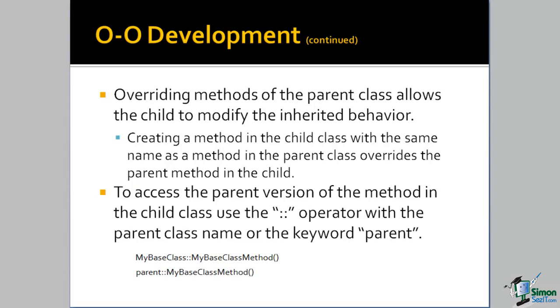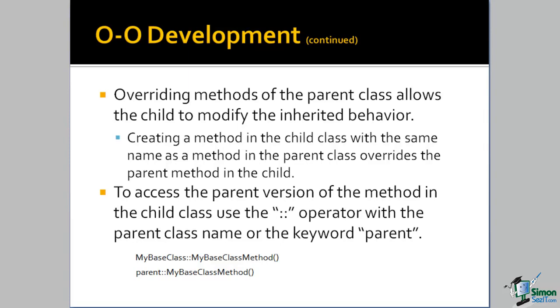Often we may want to change the behavior of the parent class. For example, the parent class may have a function named myBaseClassMethod that has some behavior. And in our child class, we would like to redefine the behavior for the function named myBaseClassMethod. We'd like to give it other functionality.